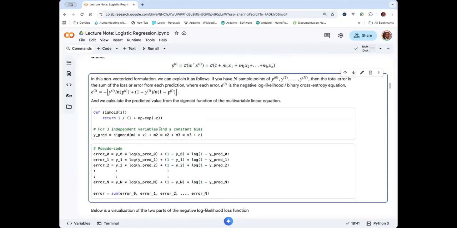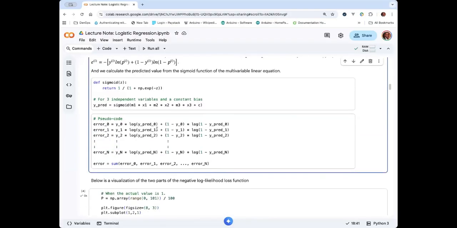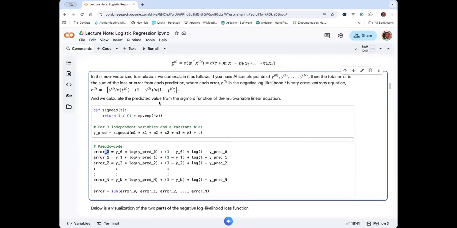So now you have what we call the error. The error is basically going to be the prediction, for y0 in this case, the first data point. So each data point will have its own separate error. This underscore 0 represents the i subscript, or superscript in brackets.